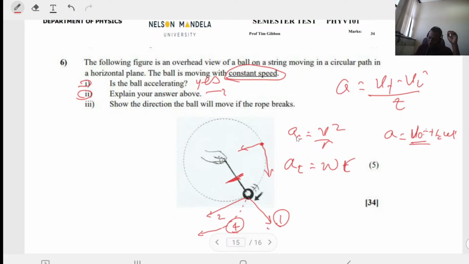If you go through this, by the way, I forgot the derivation, there is a tangential component. As Themba said, at every point this tangential is 90 degrees with respect to the radius.